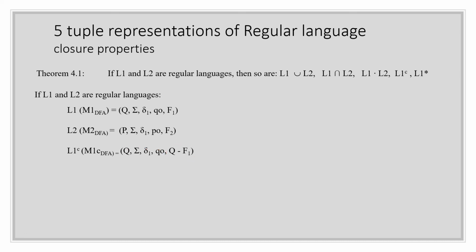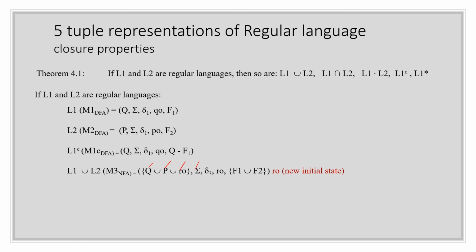So that's the complement. For the union, we're going to create an NFA, which of course could then be changed into a DFA. So all of your states are going to be the union of the states of your first DFA with the states of the second DFA. You also have a new initial state.